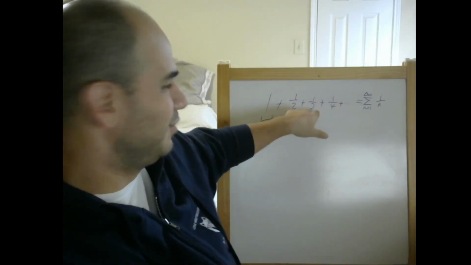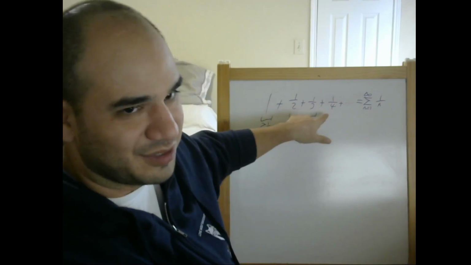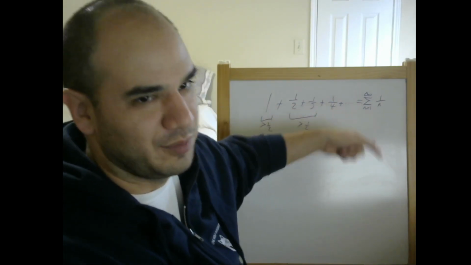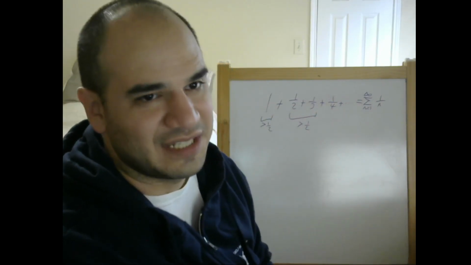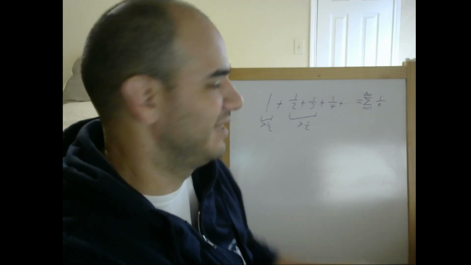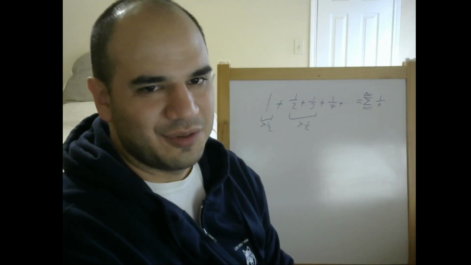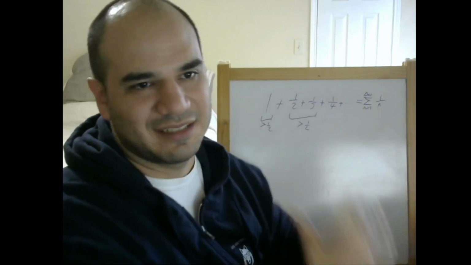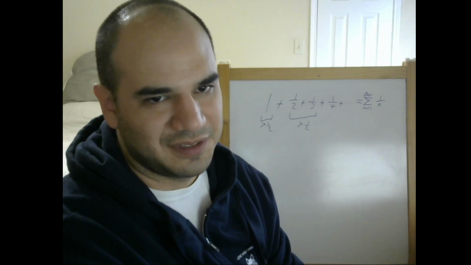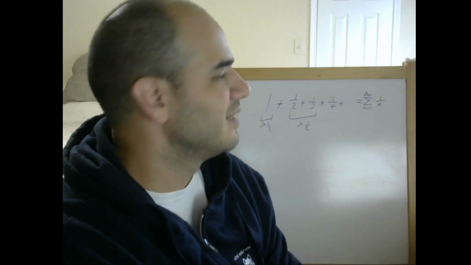So these two are going to be greater than a fourth, and the next four will be greater, term by term, greater than an eighth, which will add up to, again, something greater than half. And so even though the terms all go to 0, it adds up to infinity. It diverges off to infinity as you add terms to the sequence.